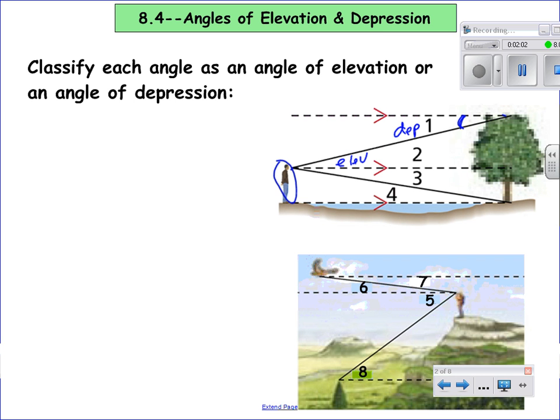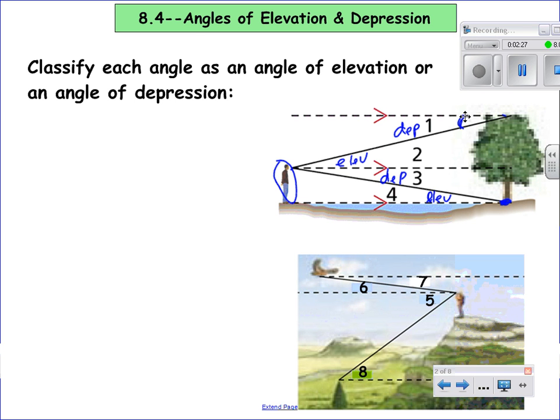Okay, then he looks at the tree and down, so this number 3 must be depression. Then over from the ground at the base of the tree, there's a little groundhog or something looking out from the bottom of the tree. And from the eyes up, so that must be elevation. Okay? And it's just that simple.